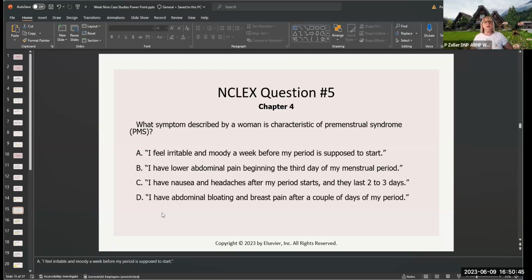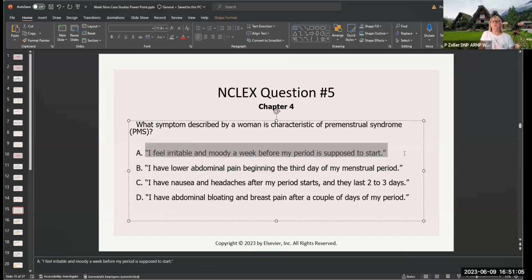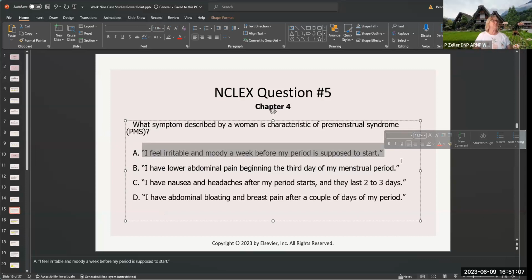What symptom described by a woman is characteristic of premenstrual syndrome? Premenstrual syndrome. The first one. Yeah. Feeling irritable, moody a week before a period starts, premenstrual.